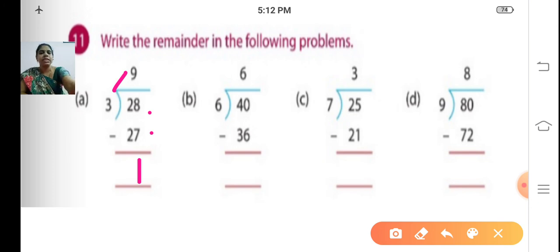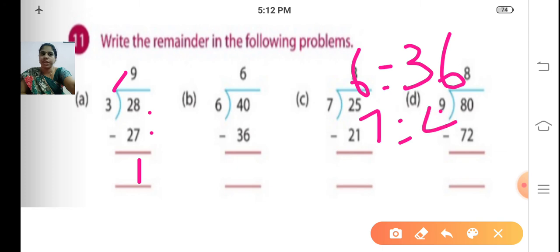Shall we move on to the next one? B. Now 40 divided by 6. In the 6 table, whether you get 40? 6 5s are 30. 6 6s are 36. 6 7s are 42, so 42 we cannot take. So 6 6s are 36.